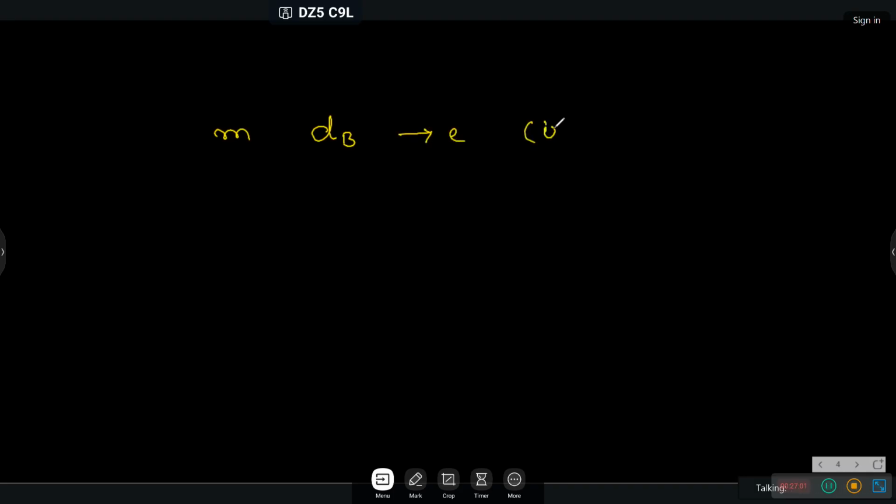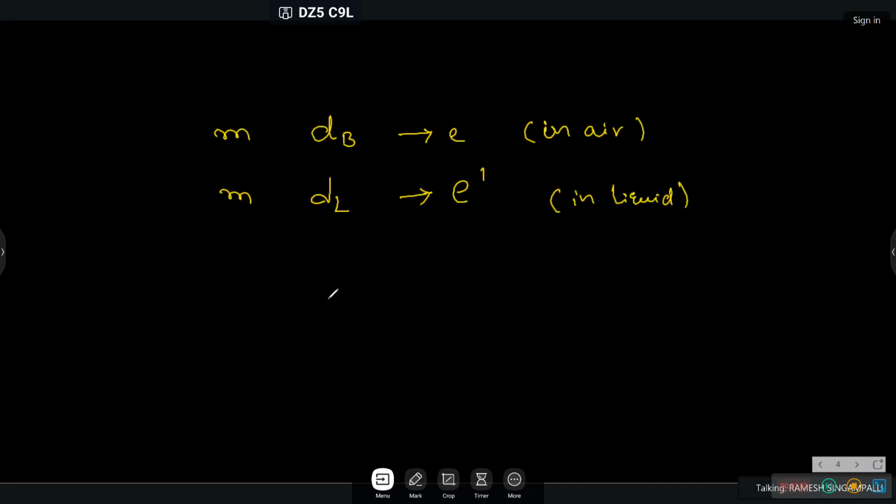When it is completely immersed in a non-viscous liquid of density dl, then its elongation is e dash, in liquid.